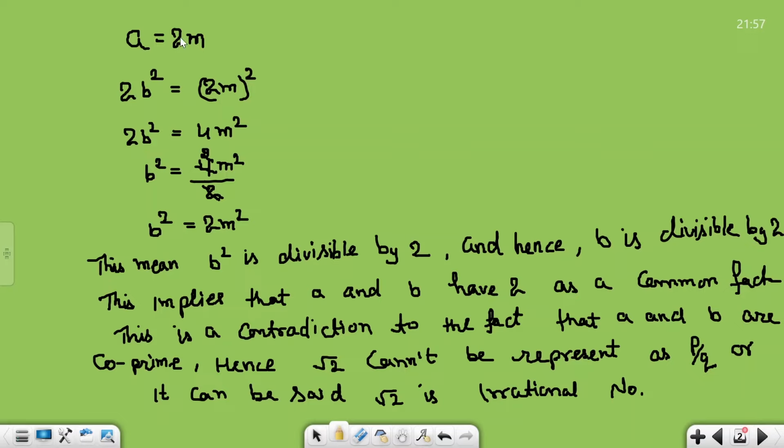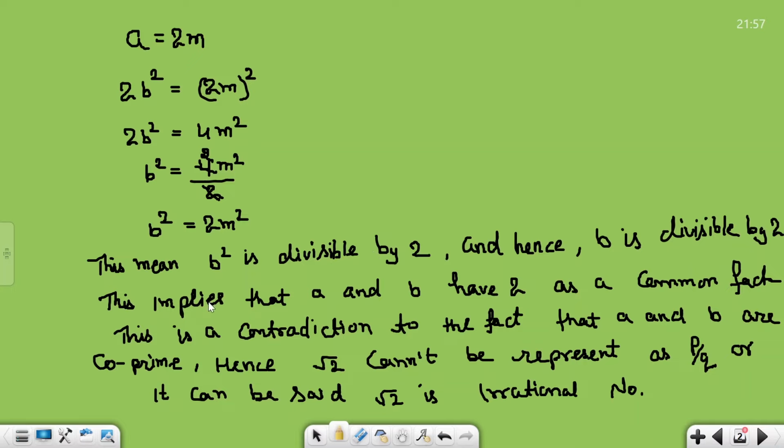We let a be 2m, so we put here 2m. 2 square is 4, m square is m square. Change the side of 2, here multiply, there divide, so we get b square is equal to 2m square. This means again the same thing, b square is divisible by 2 and hence b is divisible by 2.